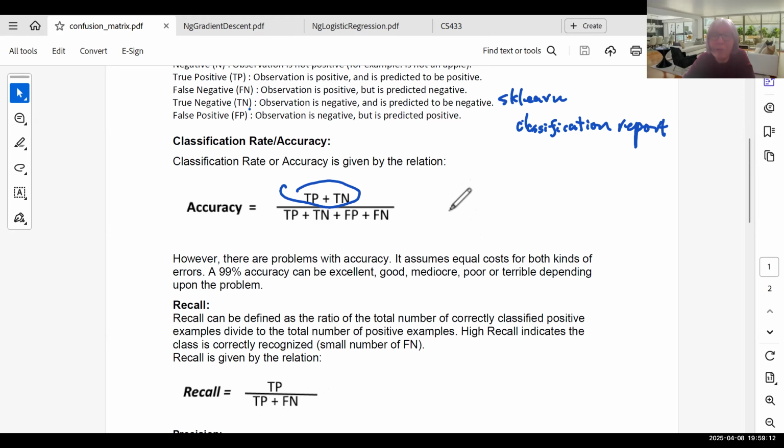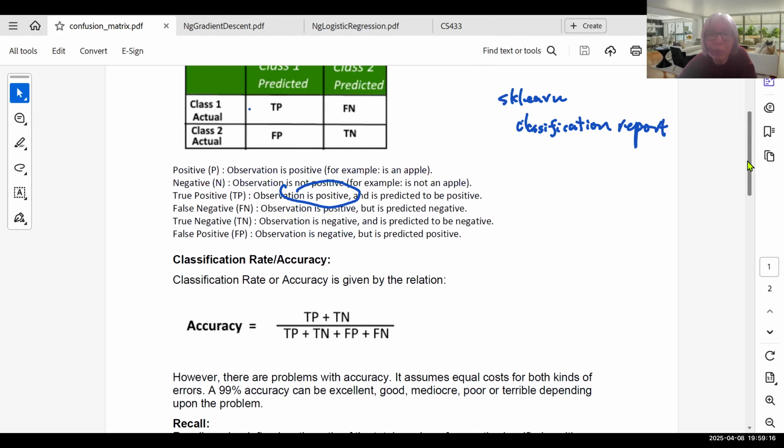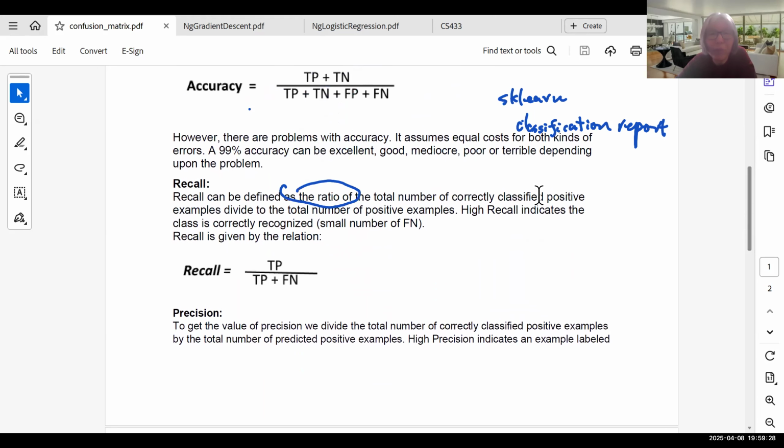So it's the true positive over the sum of the numbers in this row. What it means is that if the value is high, then the false negative is lower and the true positive is higher. So it reflects these facts.